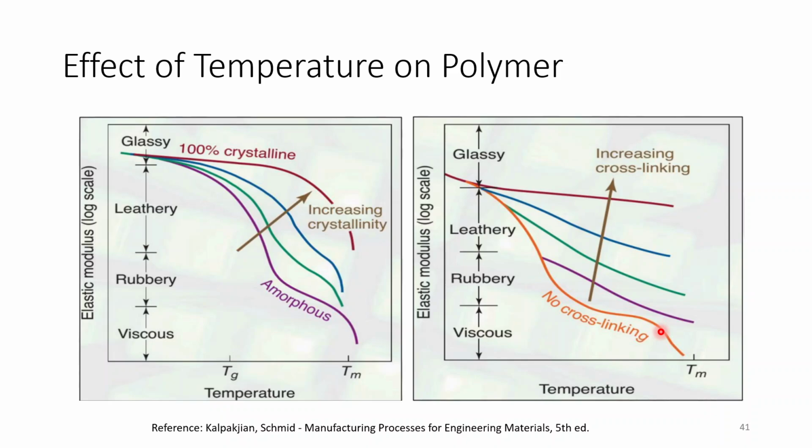With changing cross-linking as well, if you keep on increasing the cross-linking, it won't change your elastic modulus much. And if there is no cross-linking, the decrease in elastic modulus will be very high. Here, if you keep on increasing the crystallinity, this is how the behavior of the material is changing.